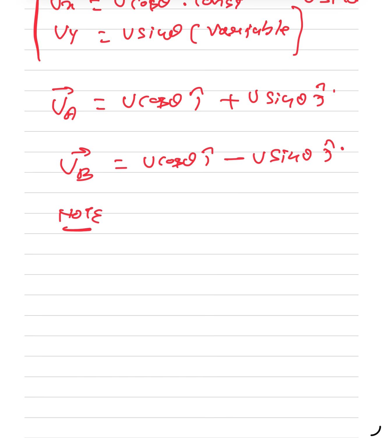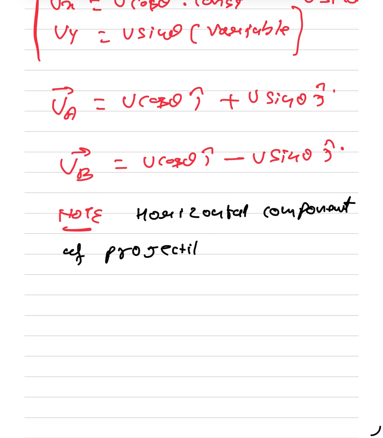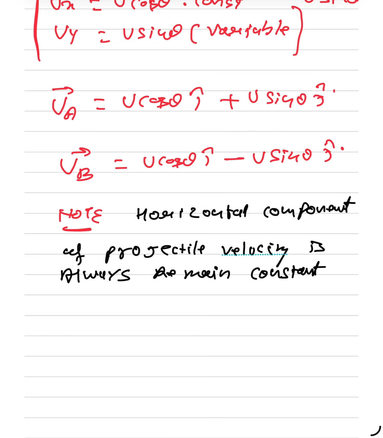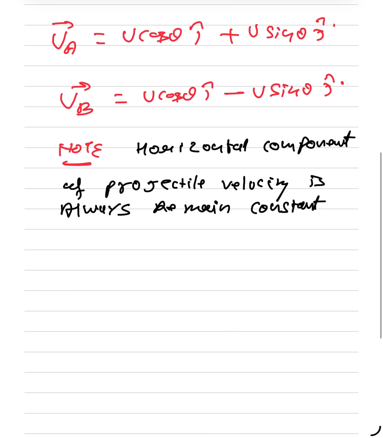This is a component of the projectile velocity, and the horizontal component of projectile velocity always remains constant.